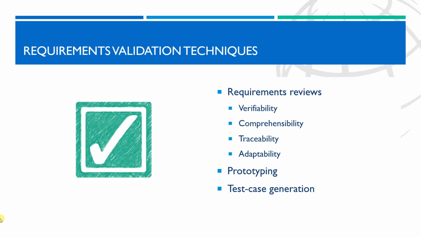This involves developing an executable model of a system and using this with the end users and customers to see if it meets their needs and expectations, and the stakeholders experiment with the system and feed back requirements changes to the development team. Or we can use the last one, that is the test case generation.